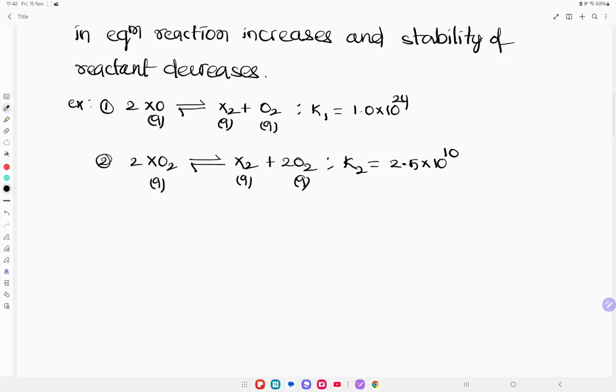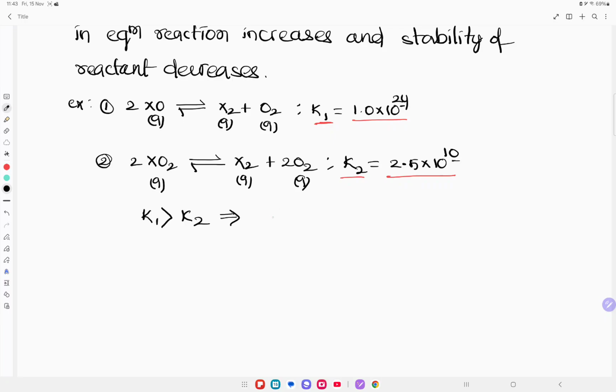If you compare K1 and K2, which is greater? K1 is greater than K2, because it is 10 power 24, while it is 10 power only 10.